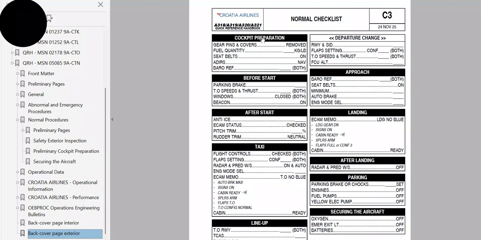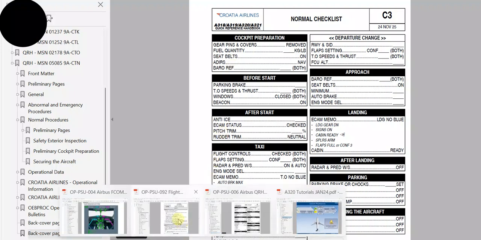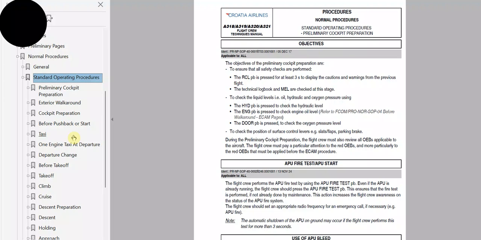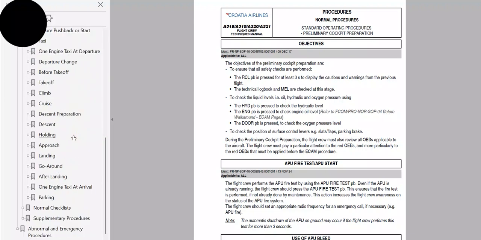All procedures in the Airbus, normal, and also the checklists, actually when to read the checklist, are defined by the triggers. So we need to go to the FCTM. In the FCTM, below the normal SOP, normal procedures, we have a chapter called normal checklists.